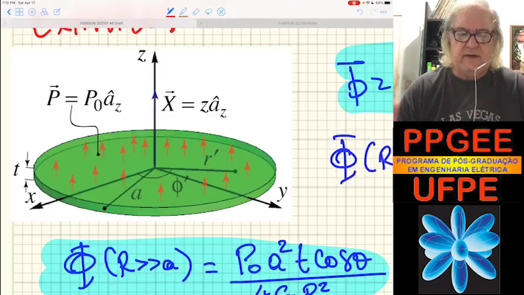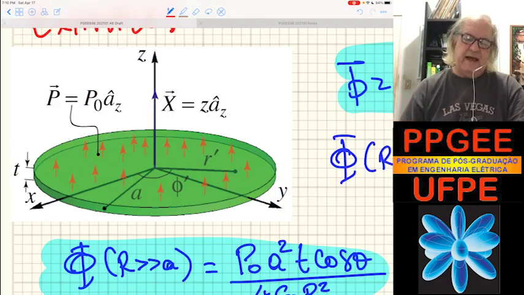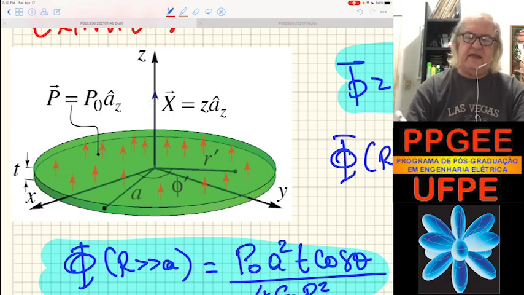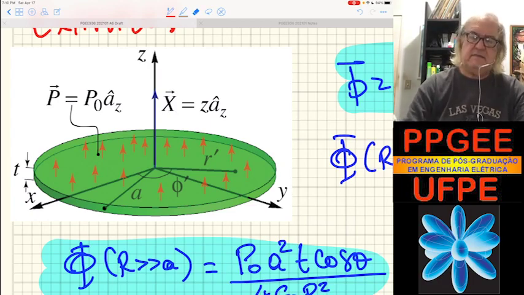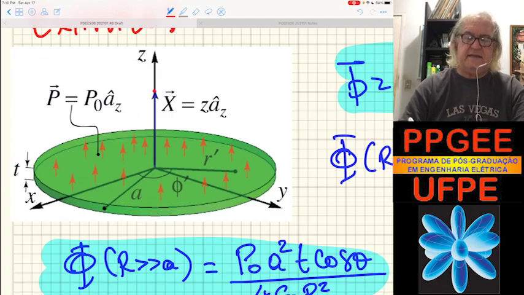So we're talking about this. Let's make an example of such a material. So we have a small circular plate, very thin, with thickness t, right? And let's calculate the potential on the z-axis, right there.